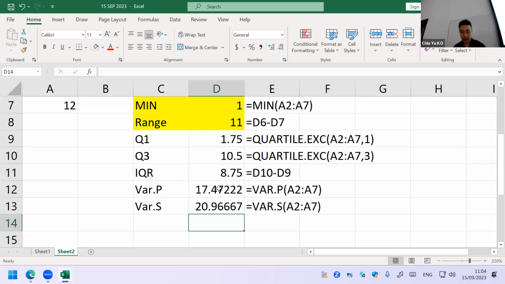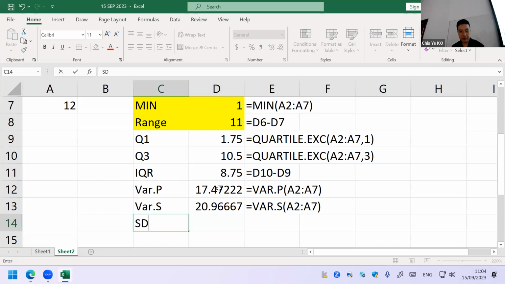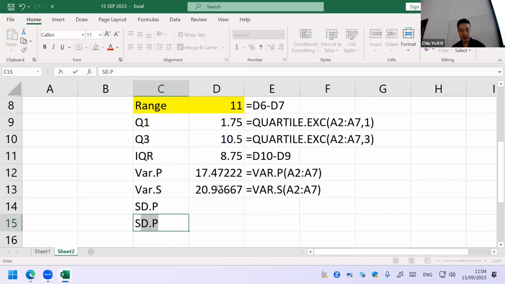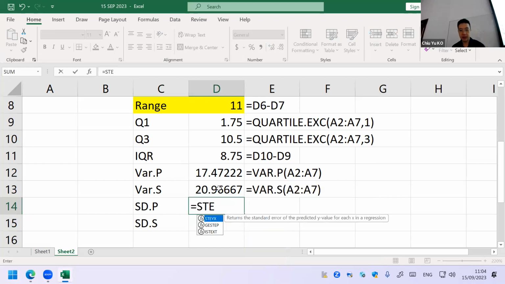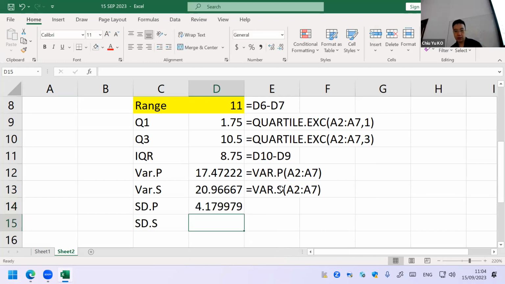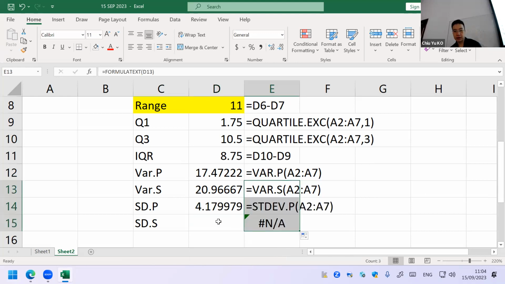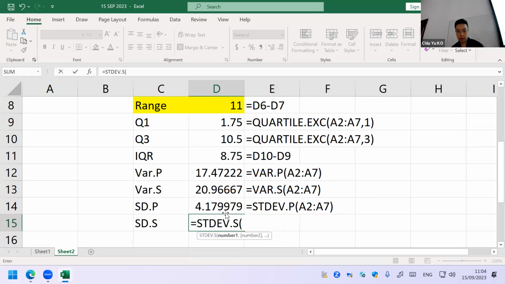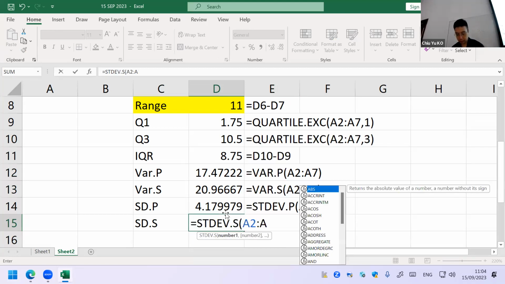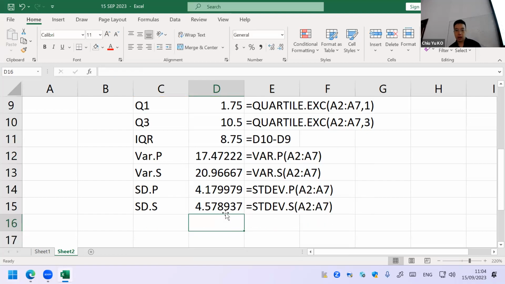And then the standard deviation, P and S. For STDEV.P, standard deviation P, A2 up to A7, okay? And I would do the same for the sample version. I trust you should be able to do the coefficient of variation based on this.